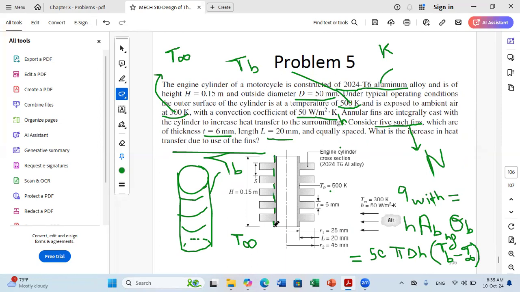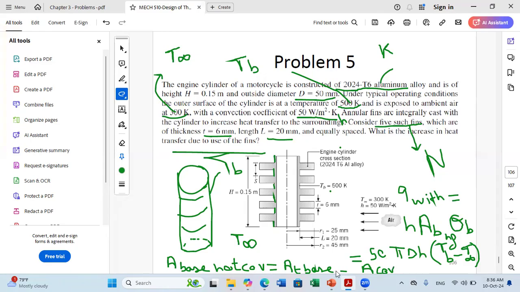The area of the base not covered is the total area of the base minus the area covered by fins.